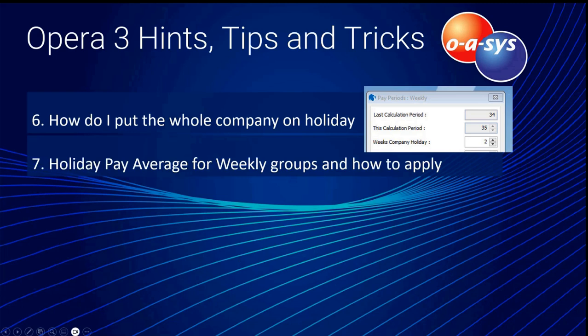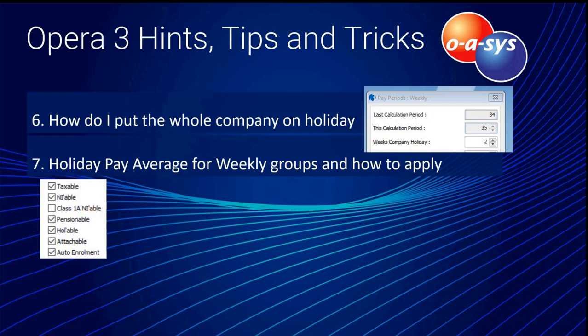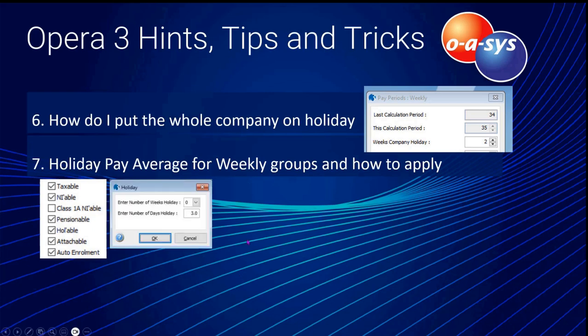I'm going to show you the holiday pay average for weekly groups and just how to apply that as the standard functionality in Opera. So firstly, all pay elements, you would have noticed by now, there's something called holidayable on there. We need to make sure that it's ticked on for that pay element to be part of the holiday average reporting. When you put someone on holiday, then one of your weekly people, you can put them on a week holiday.